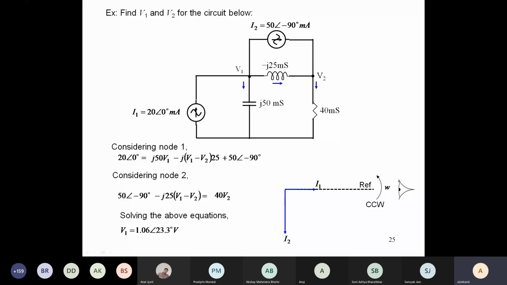So we learned this way of representation in the form of magnitude and phase, and then again it has to be represented in the phasor diagram.